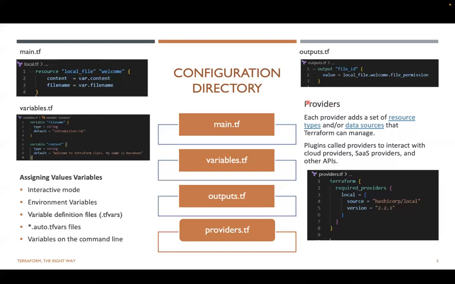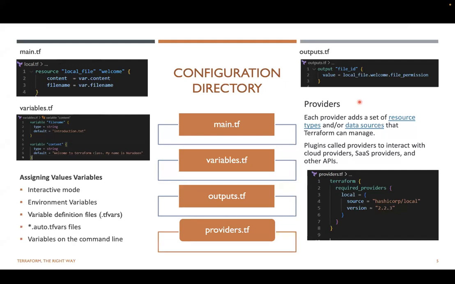Finally, the Terraform provider. Like I mentioned to you, for every resource that you want to create in Terraform, you need a provider. If you don't specify a provider, most of the time Terraform will use its local providers. What do I mean?